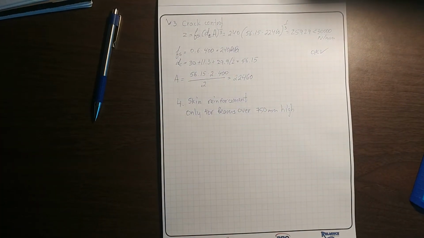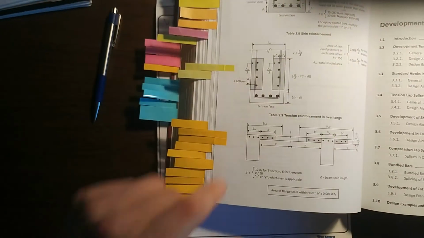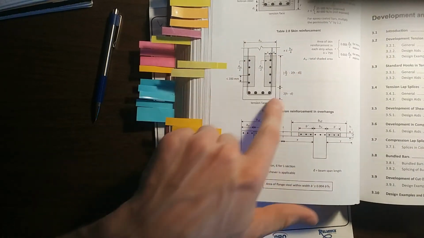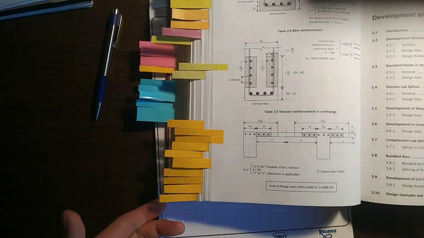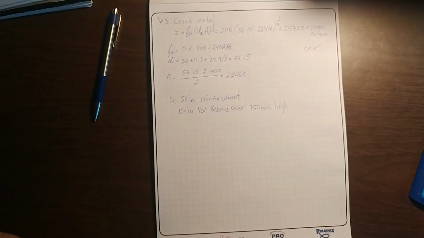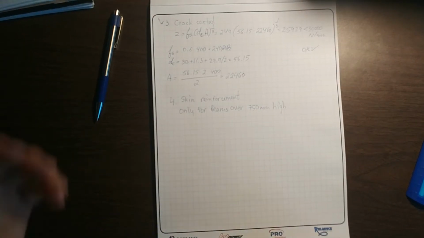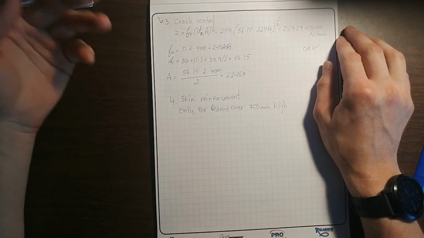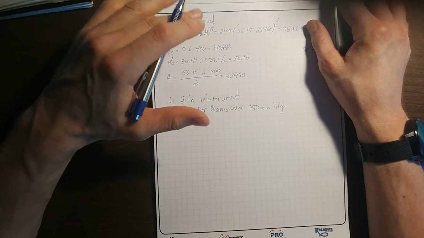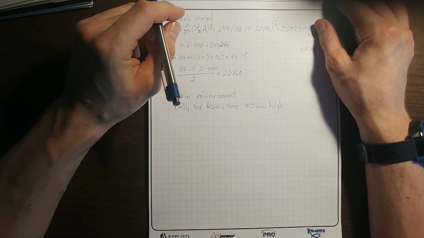And the skin reinforcement is going to be this check right here. So I would suggest in the exam, really, if you can, avoid getting a beam more than 750 millimeters. Of course you can do it, but it's just going to take way longer and you have to do another check, so might as well stick to something that's more simple.